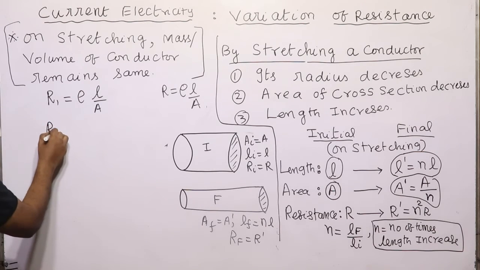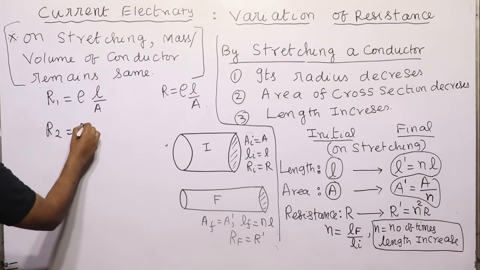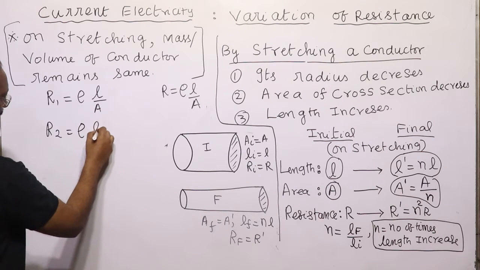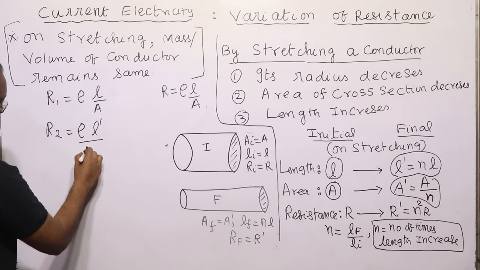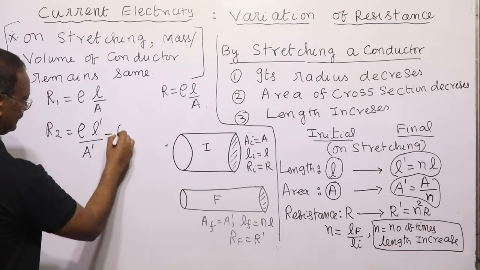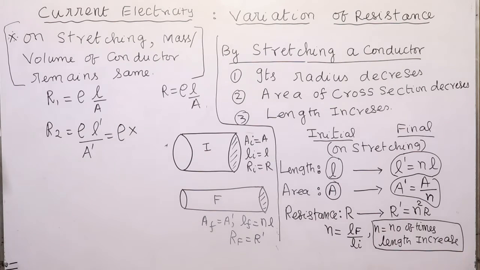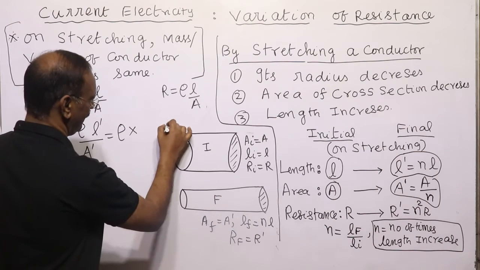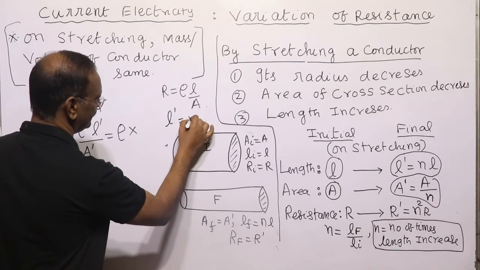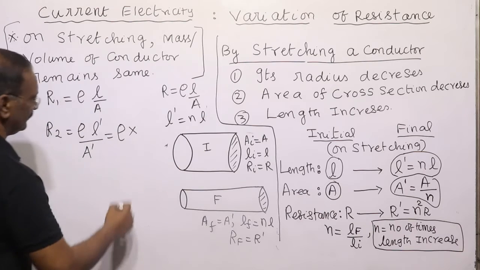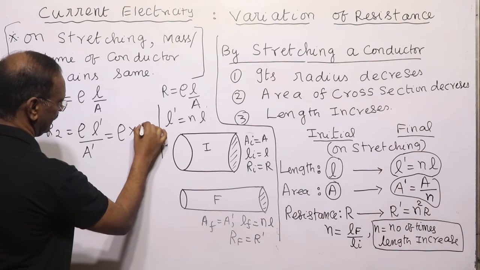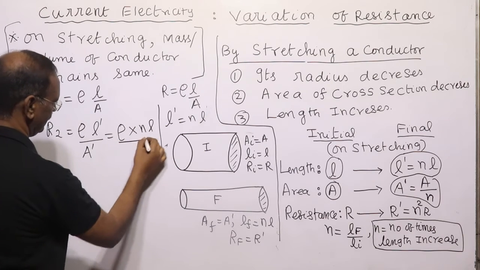What about R2? R2 is equal to resistivity into L dash divided by A dash. What is L dash? The final length is equal to N into L. So this is N into L divided by A dash.